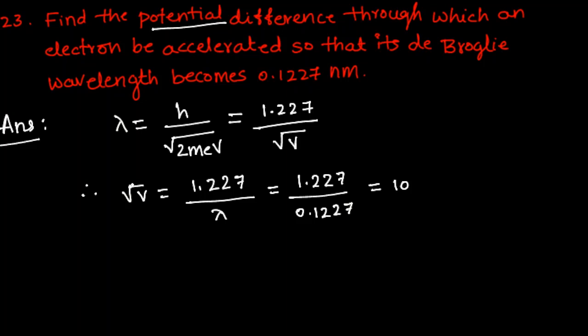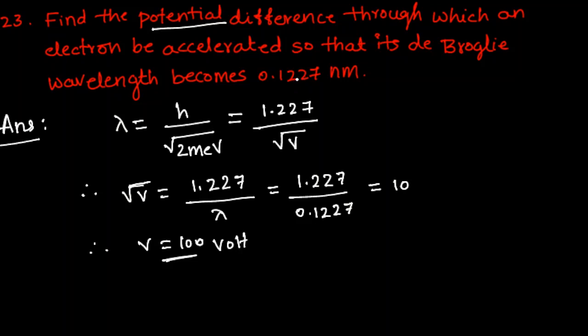But it is square root of V, so to remove this square root, we have to square. Squaring on both sides, we get V is equal to 100. So 100 volt. This is the potential required to produce this wavelength.